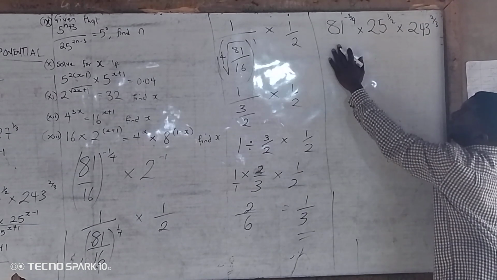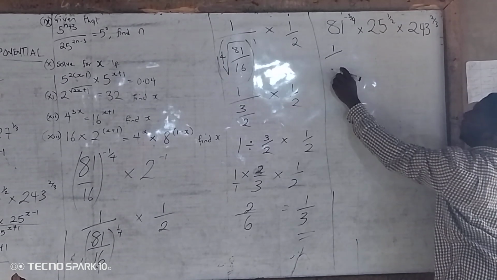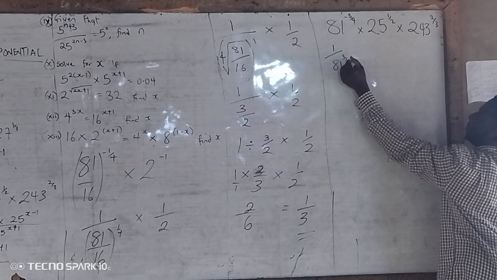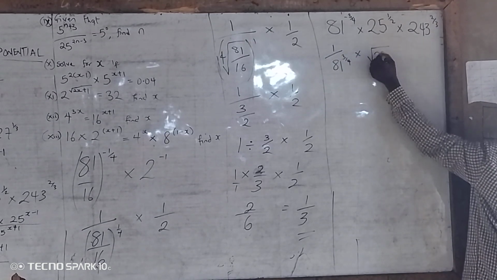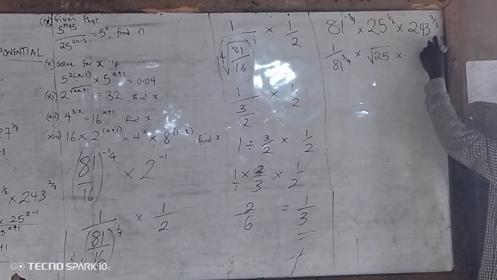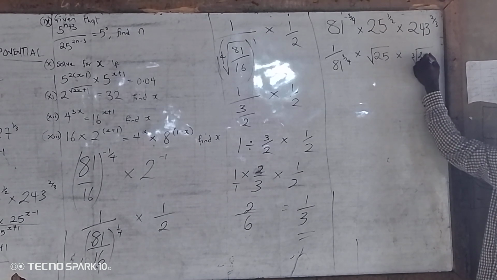Alright, so this one, we have said what it is before. The negative means 1 over. So you have 81 raised to the power 3 over 4 here. That's that. 25 raised to the power half means square root of 25 times. This means the cube root, because this is 3, the third root, cube root of 243.